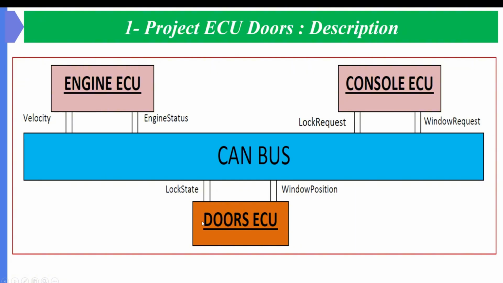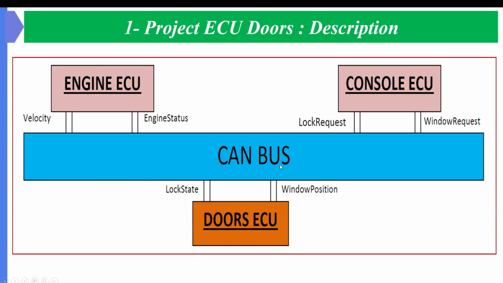And the doors ECU can also send some states, for example the lock state of the window and the position of the window, on the CAN bus, and that will be received by the other ECUs around this CAN bus.